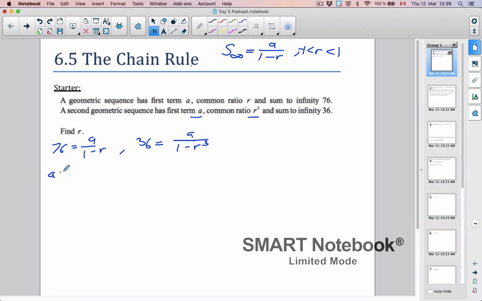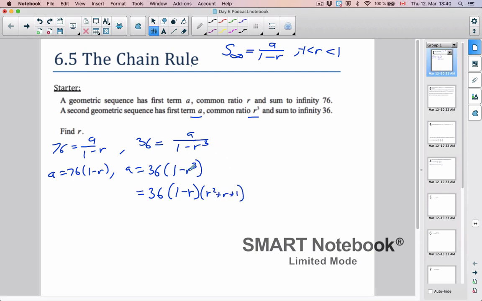So we can solve for a, and we have a equals 76 times 1 minus r, and a equals 36 times 1 minus r cubed. And what we can do here is we can actually factorize this one right here. 36, now this is 1 minus r cubed, factorize it to 1 minus r times r squared plus r plus 1.